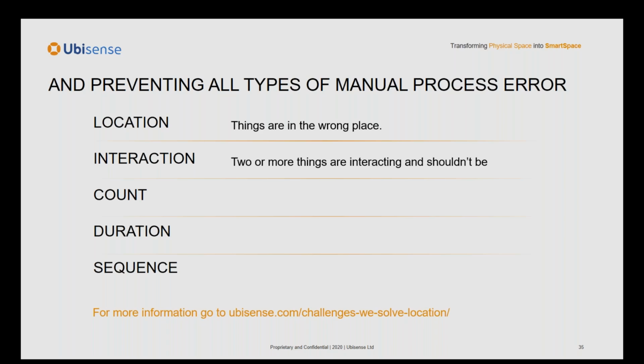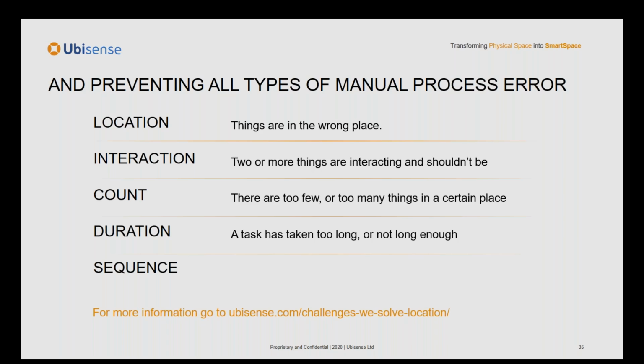Interaction, when you have 2 or more things that are interacting and shouldn't be. It could be a count category: there are too few or too many things in a certain place. There can be a duration category, which is also something in the yard management use case: a task has taken too long or not long enough. The tractor spent too much time in a process, or the tractor spent too much time in a parking area. And it could also be a sequence error: things are happening in the wrong order.